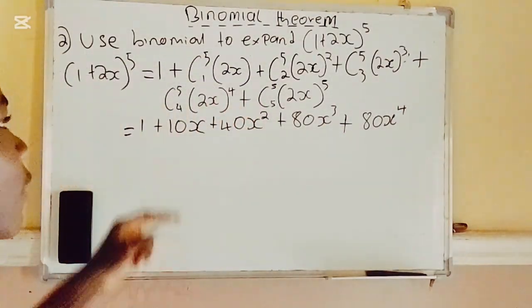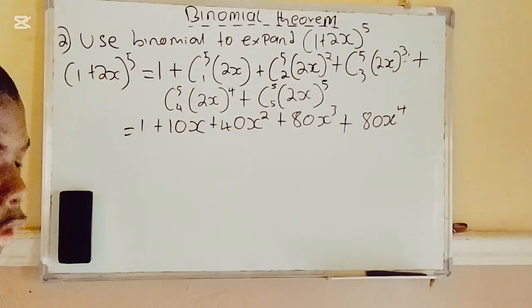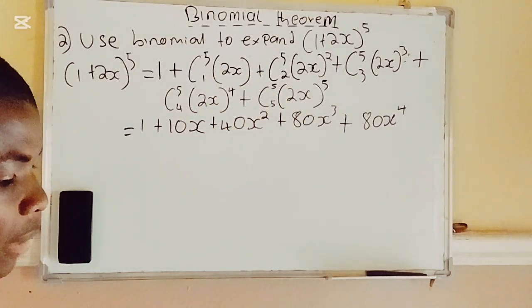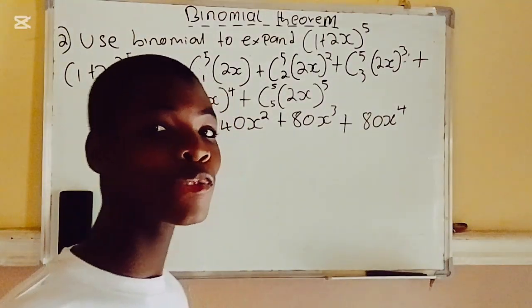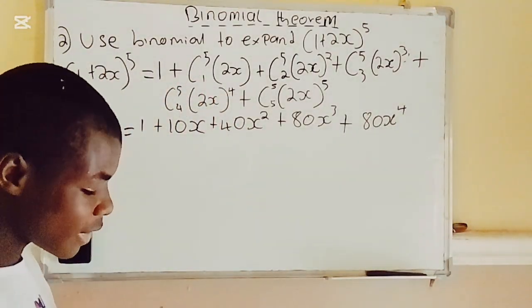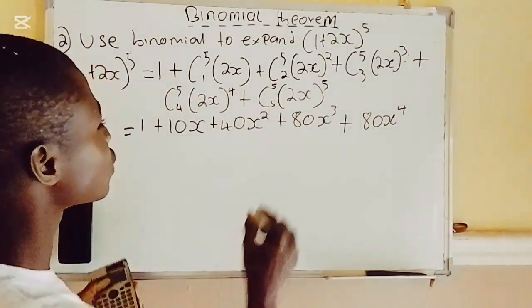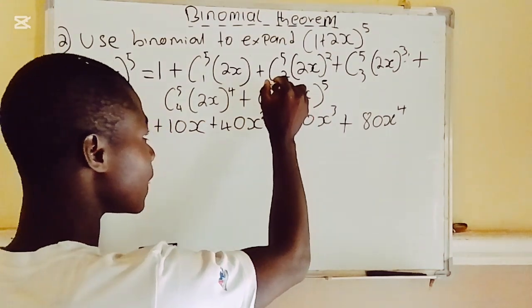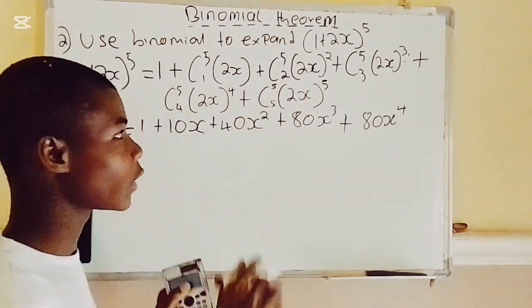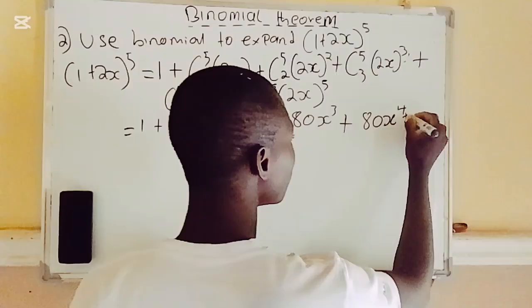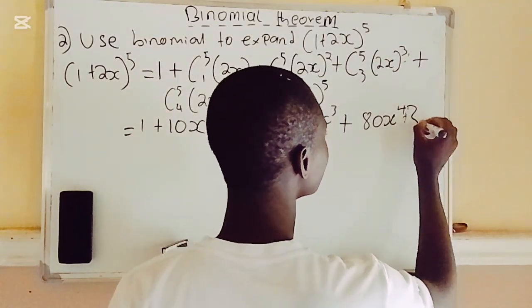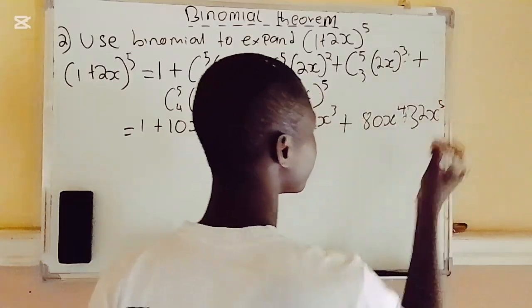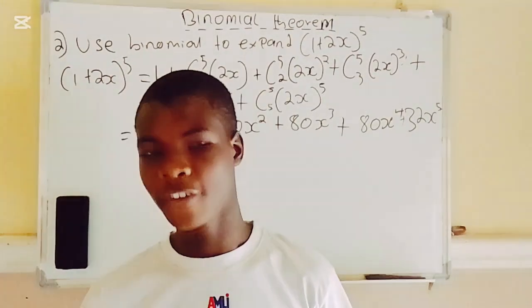So the next thing, 2 times 2 times 2 times 2 times 2, what is it going to give me? It will give me 32. I'm just doing it physically so that you can see. So if 5 combination of 5 gives me 1, 1 multiplied by this, it will give me plus 32x to the power 5.